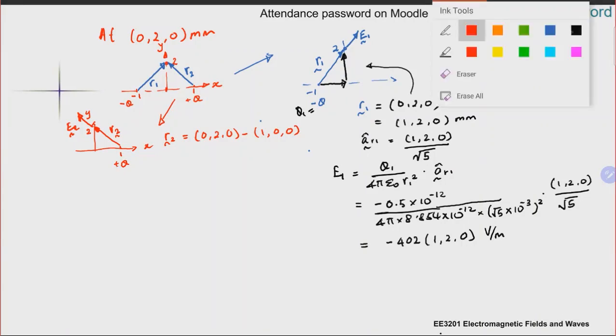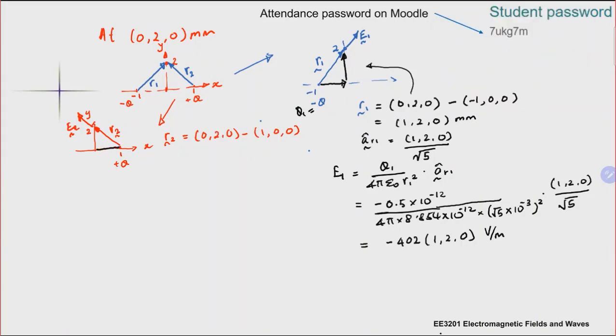So that is actually this vector plus this vector. This will be minus 1, 2, 0 millimeter. Unit vector R2 is minus 1, 2, 0, again over root 5.